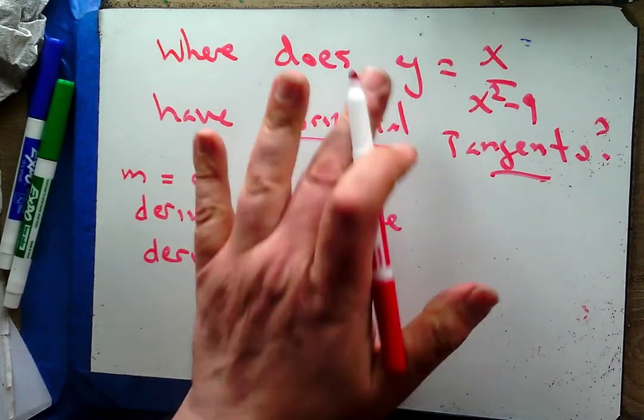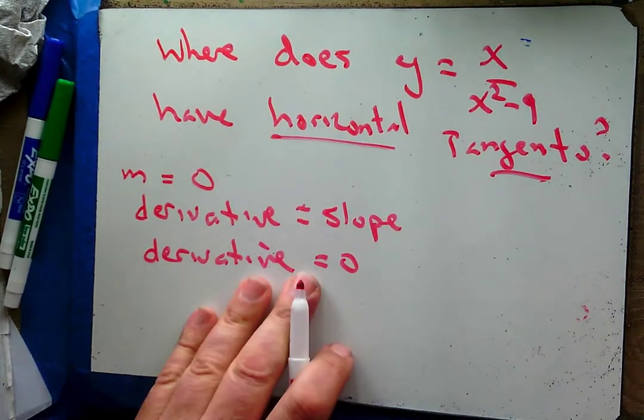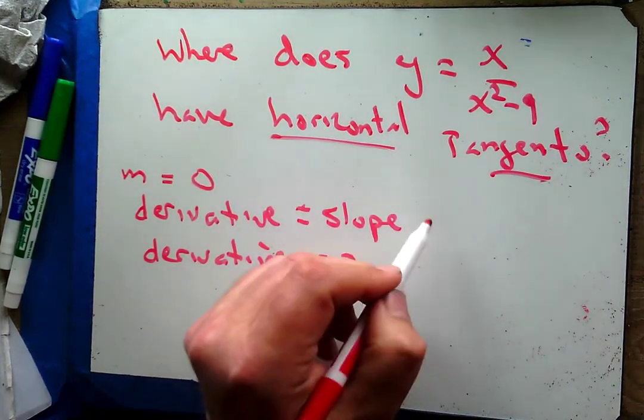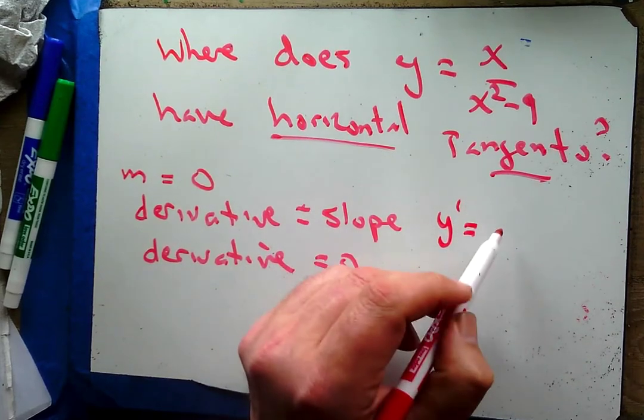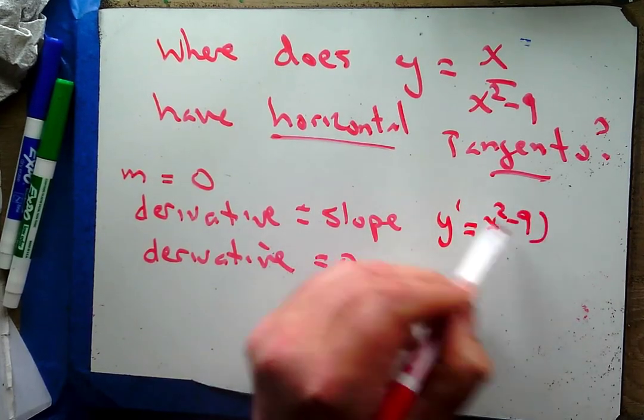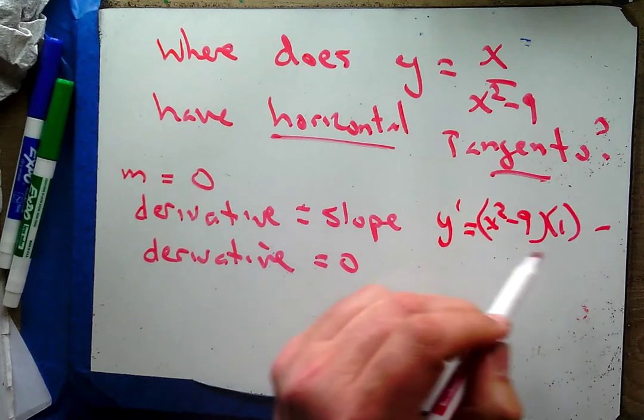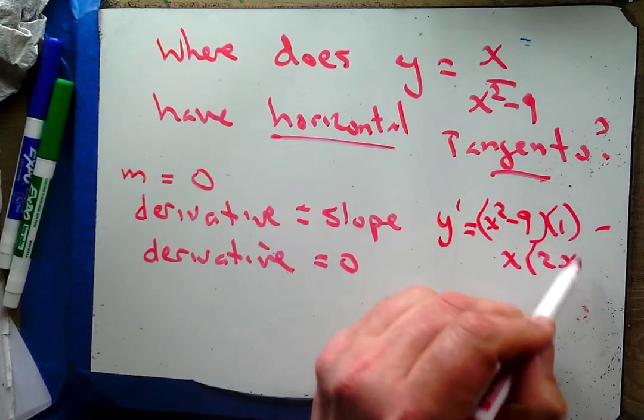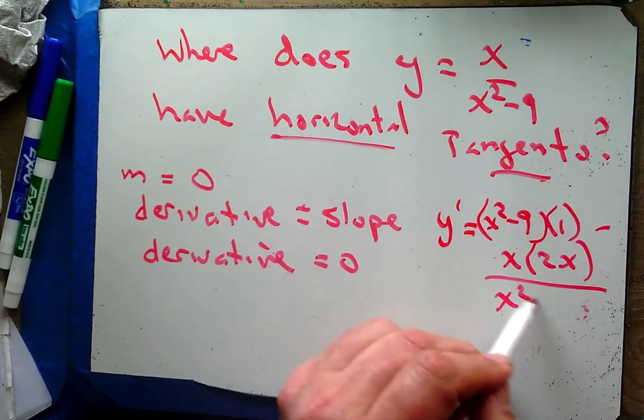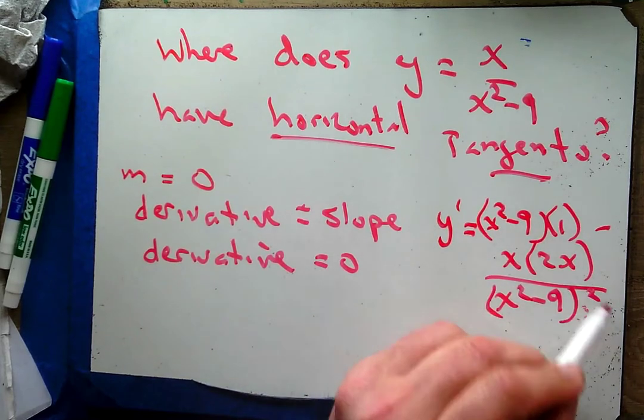So that means I have to take the derivative of this function and then find when the derivative is equal to 0. Okay, so y prime is going to be low d high minus high d low all over low squared.